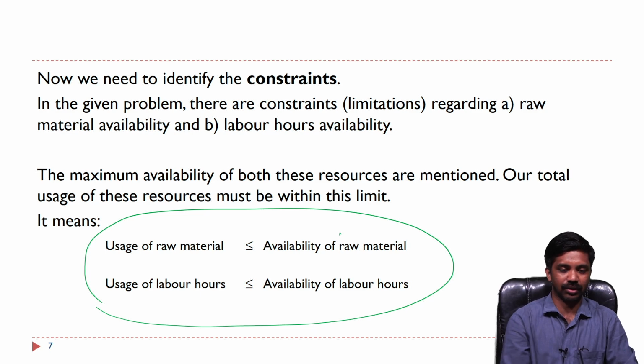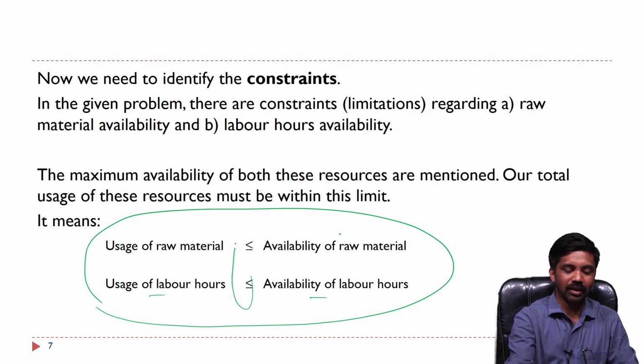The total usage of raw material by all the products that I am going to produce should be either equal to the total availability or less than that. Same scenario for the labor hours also. Left hand side is the usage of labor hours, right hand side is the availability of labor hours. So, the total usage should be either equal to or less than whatever is available. In this way I can construct the constraints.